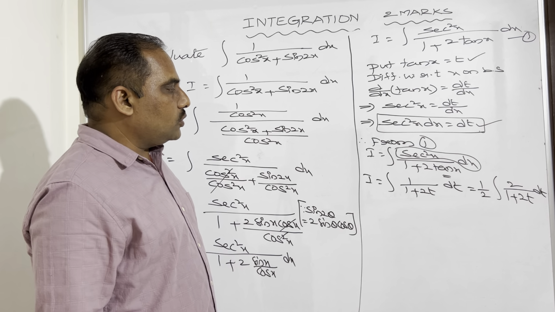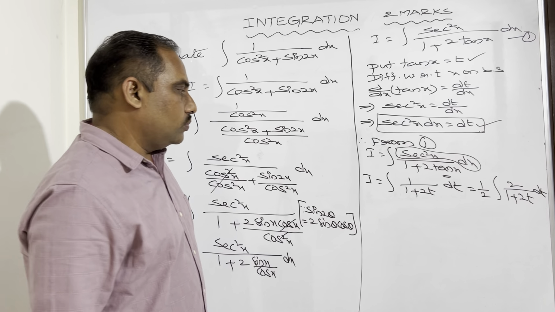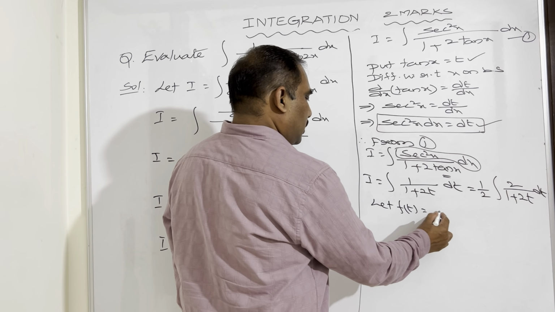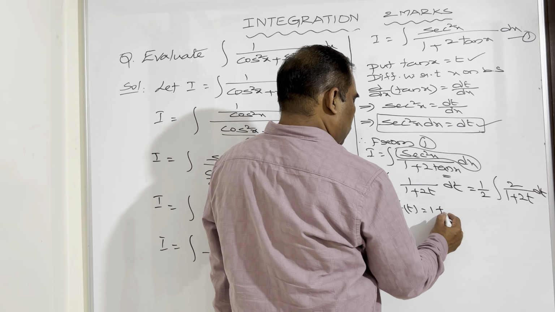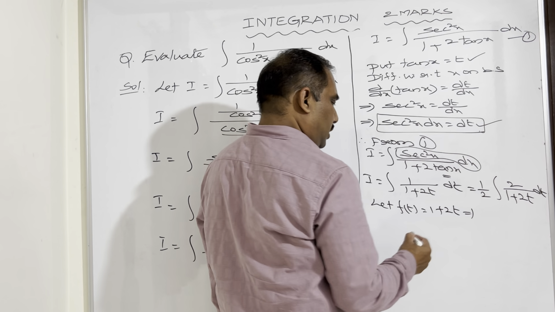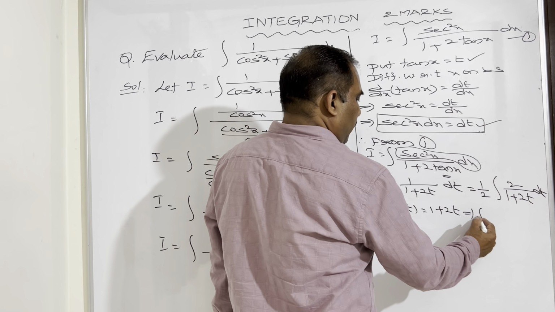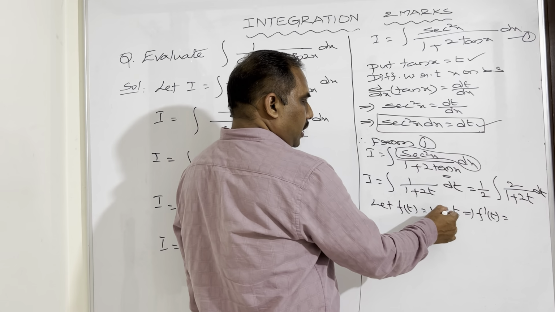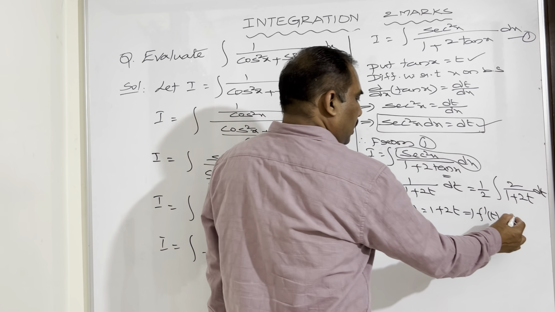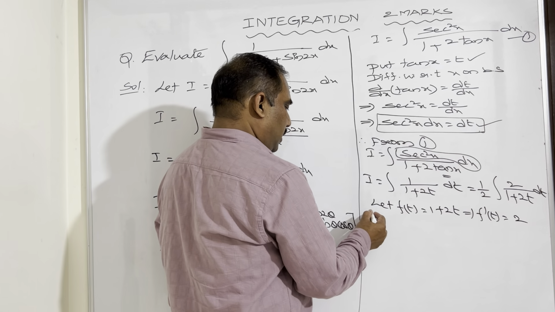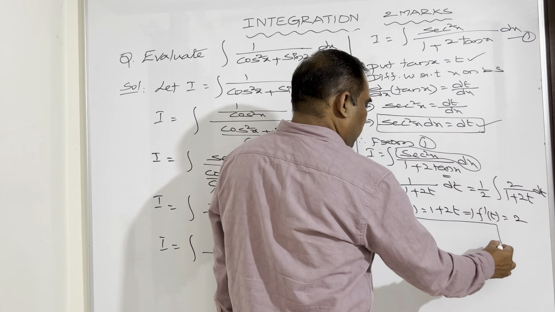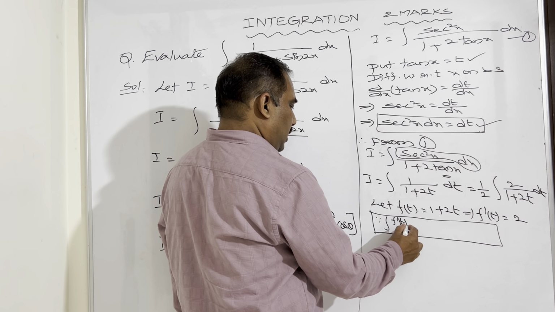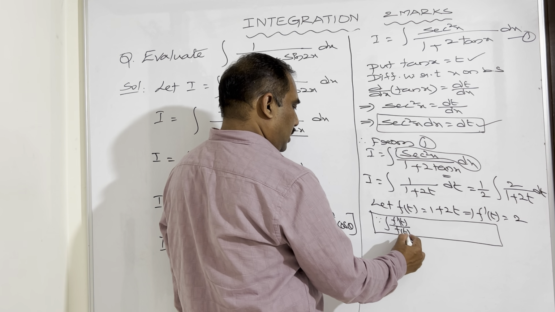Observe here, we multiply numerator and denominator by 2. Now suppose f of t is equal to 1 plus 2t. If you differentiate it, you get f dash of t is equal to 2, since the derivative of 1 is 0 and the derivative of 2t with respect to t is 2. Now if you observe, this integral is in the form of the integral of f dash of t by f of t dt.